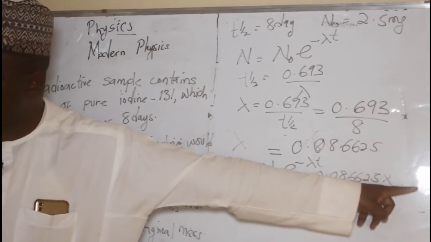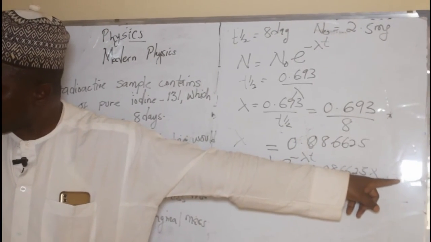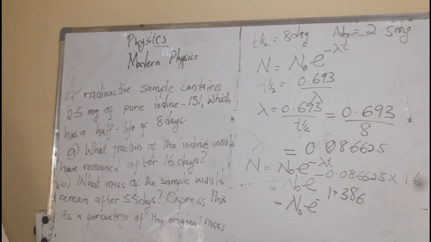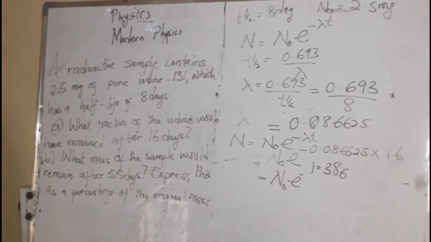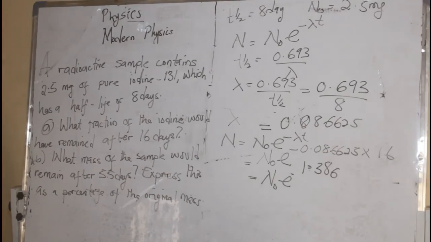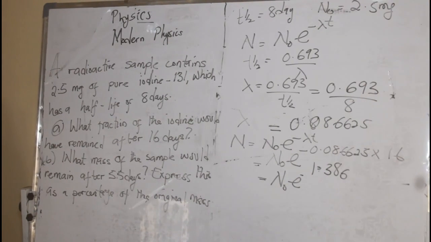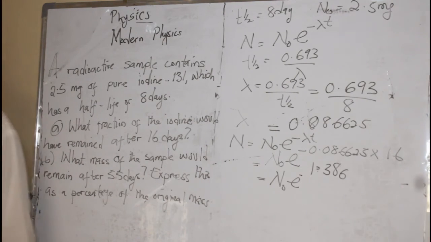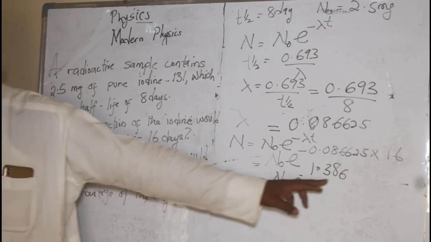Okay, if you multiply this by this, what did you get? Did you multiply them? 0.086625 times 16. 1.386.